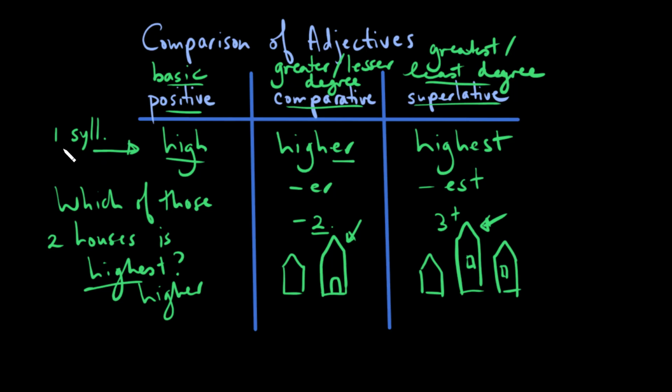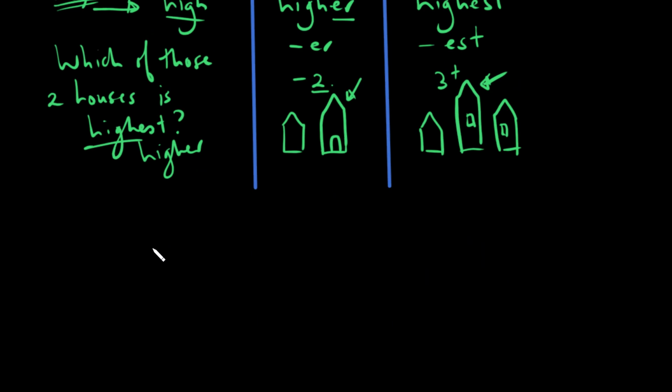So that's it for one syllable adjectives, but of course there's lots of variation, and we'll talk about some other patterns as well. The next pattern we'll talk about has to do with 3+ syllable adjectives. An example would be remarkable.